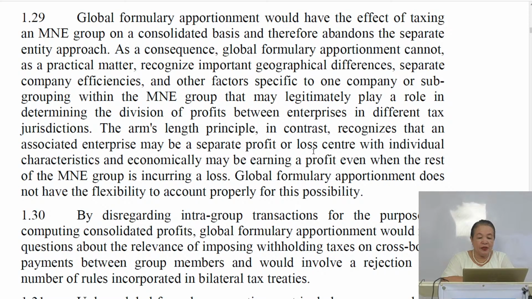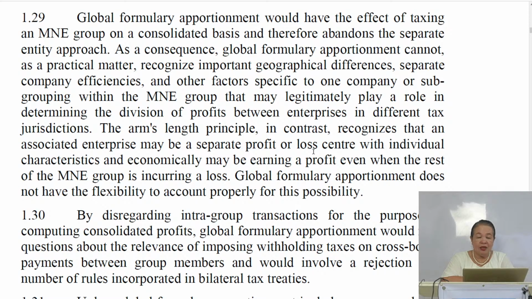Separate company efficiencies, and other factors specific to one company or subgrouping within the M&A group that may legitimately play a role in determining the division of profits between enterprises in different tax jurisdictions.